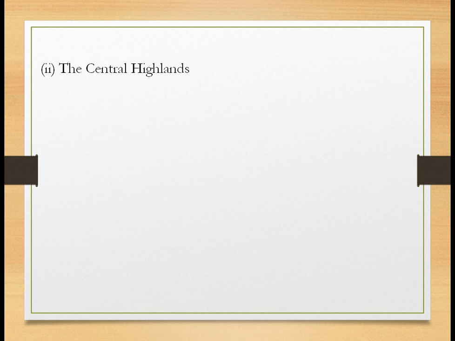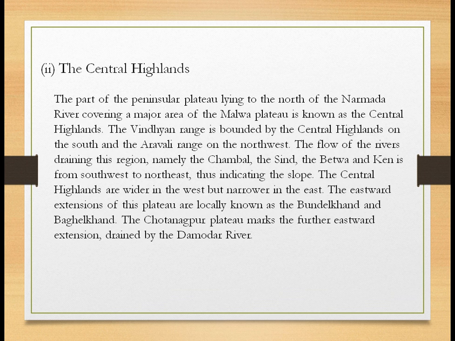Next, the Central Highlands. The part of the Peninsular Plateau lying to the north of the Narmada river, covering a major area of the Malwa Plateau, is called the Central Highlands. When you look at the map on page number 10 in our geography textbook, you will clearly understand about the Malwa Plateau, Bundelkhand, Baghelkhand, Chota Nagpur Plateau, Central Highlands, Deccan Plateau.